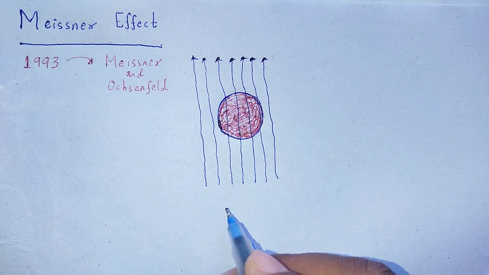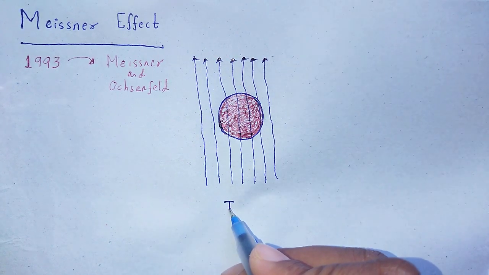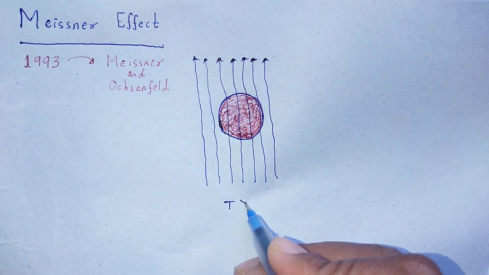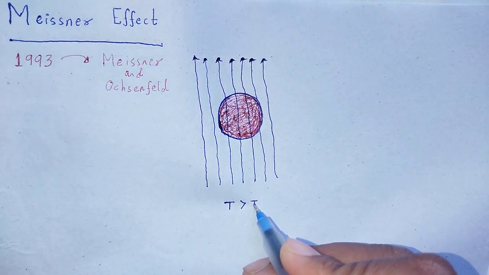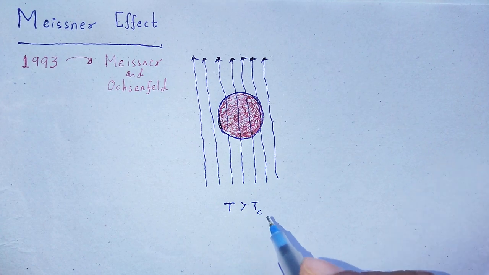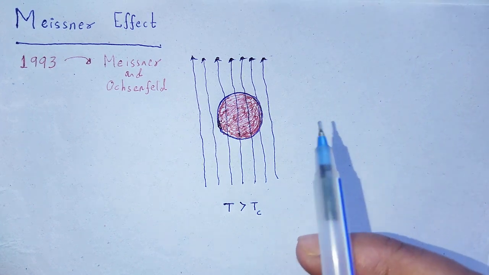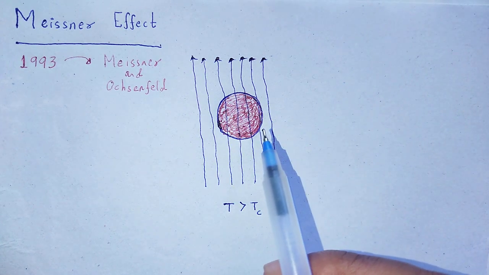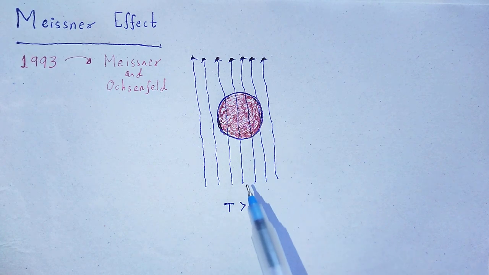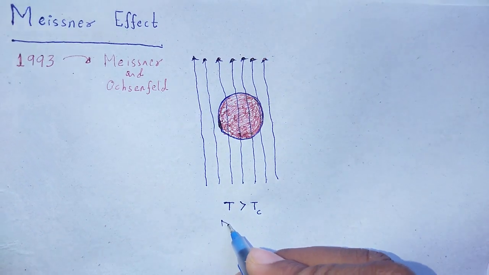When the temperature is greater than the critical temperature, that is the normal state.